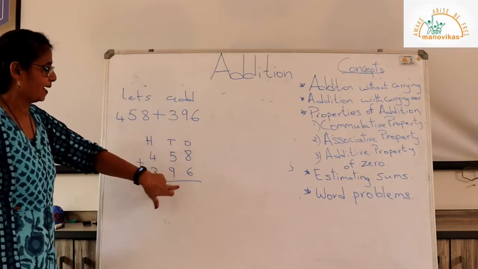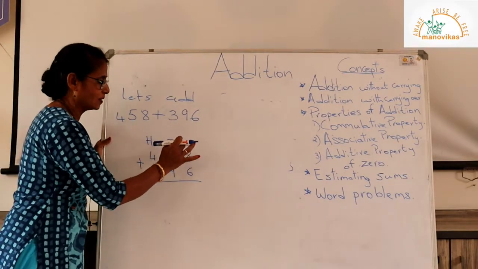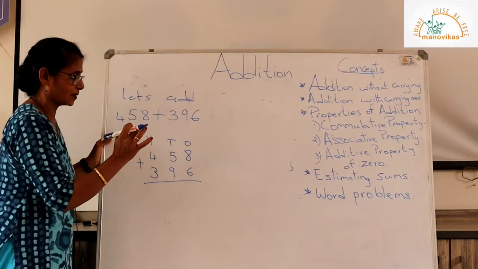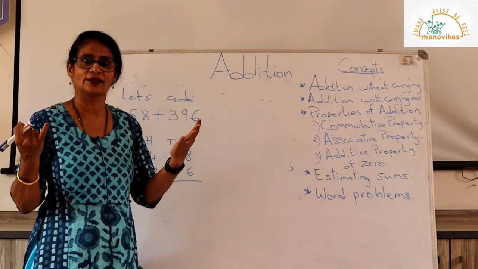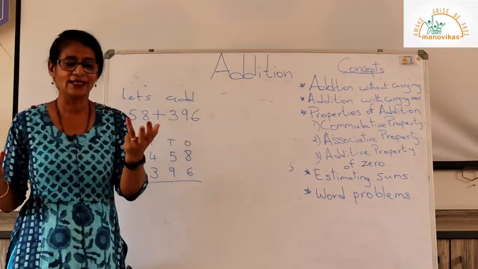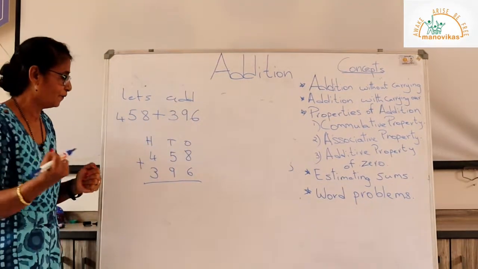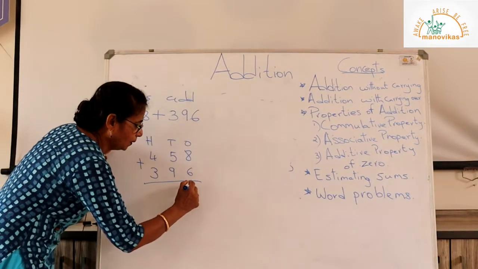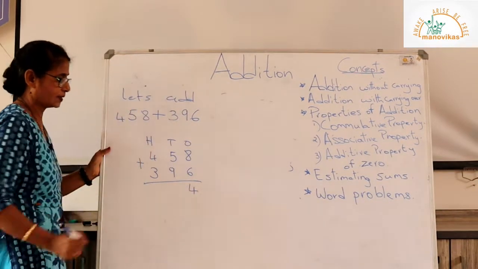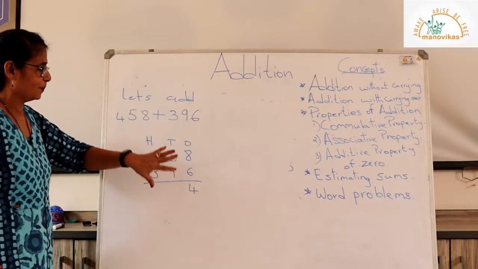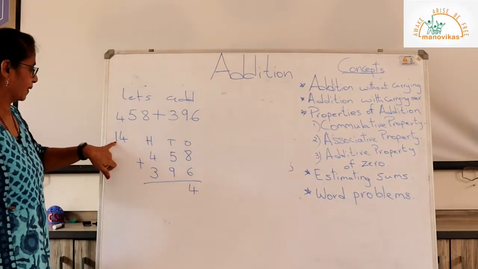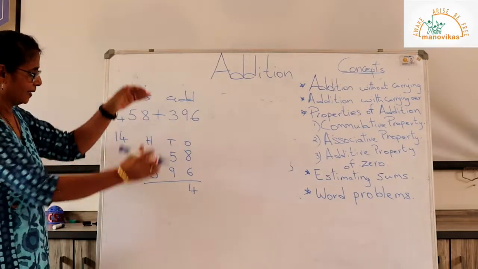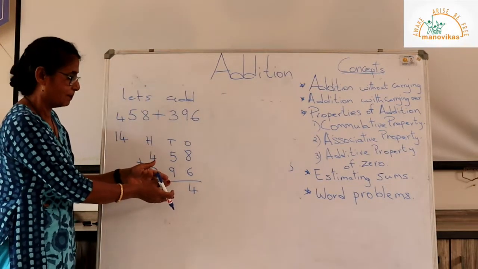Now 8 plus 6, because 8 is in the ones place, so 8 ones plus 6 ones. The 8 is the bigger number, so take 8 in your mind and 6 on the fingers. So 8, 9, 10, 11, 12, 13, 14. Now I can only put the number 4 down of the 14, because 14 has 1 in the tens place and there is no room for the number 1.